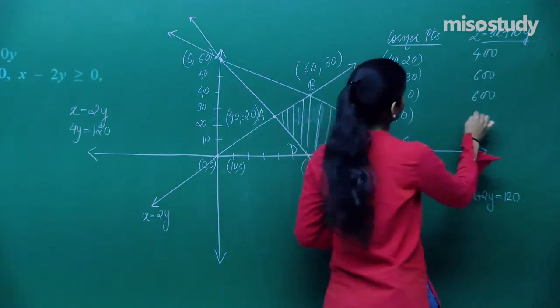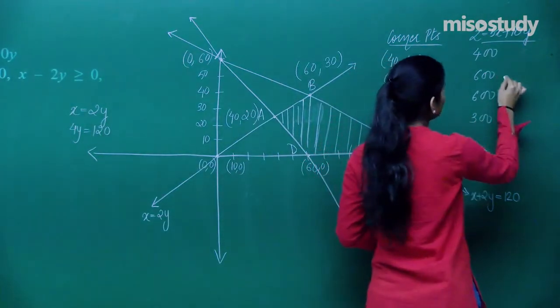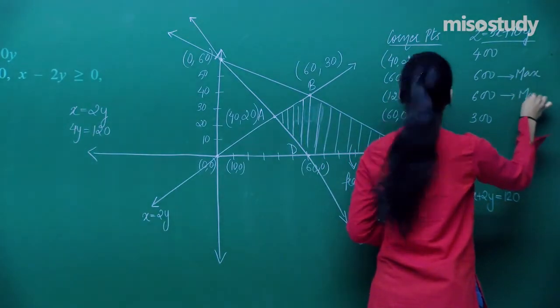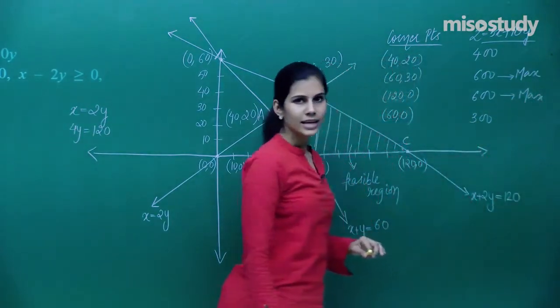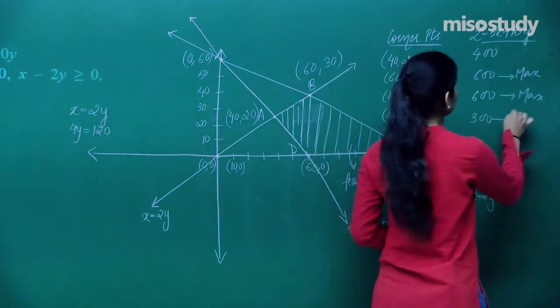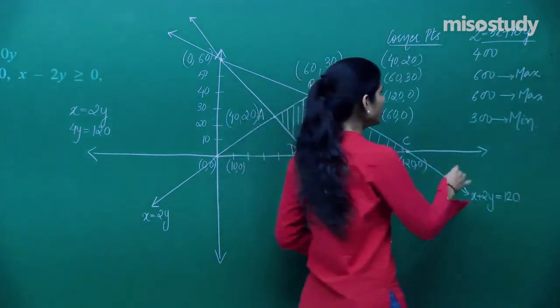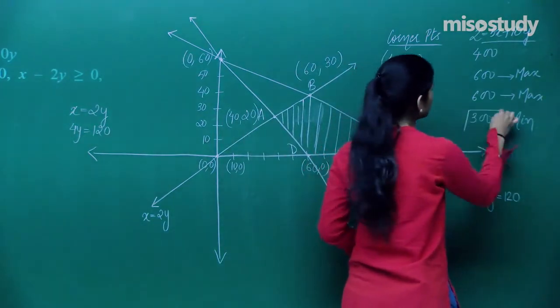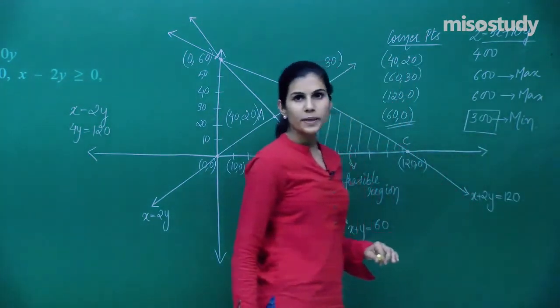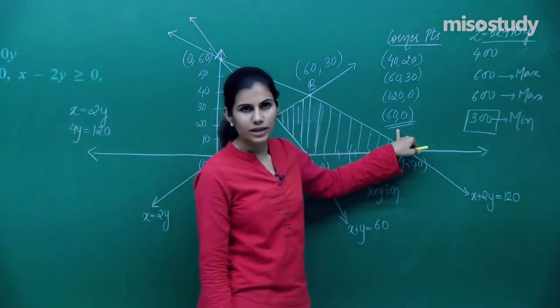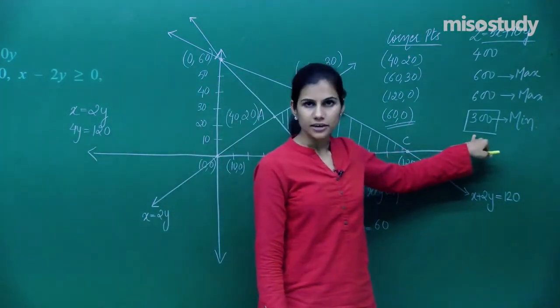And this would be 300. So you can clearly see this is max, this is max, and this is min. So minimum clearly is being obtained at just one point. So the optimal solution for minimum value of z is 60, 0 and the minimum value of z is 300.